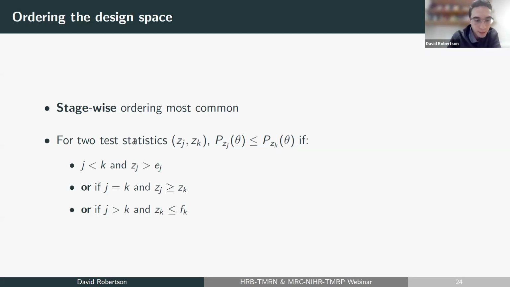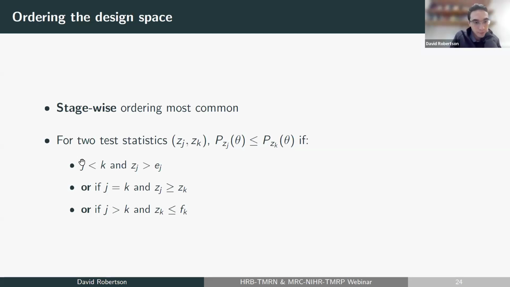Basically, the way stage-wise ordering works is that for two test statistics, Zj and Zk, where j and k represent the stage at which you stopped, the p-value function for Zj is smaller than the p-value function for Zk. That is, Zj gives more extreme evidence against the null than Zk if one of these three conditions holds.